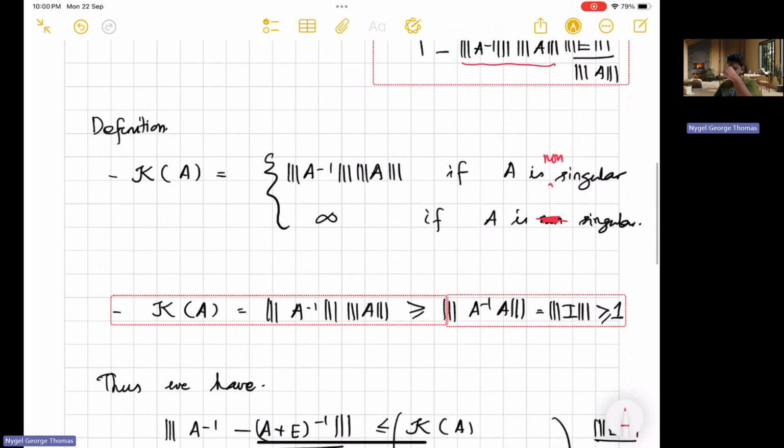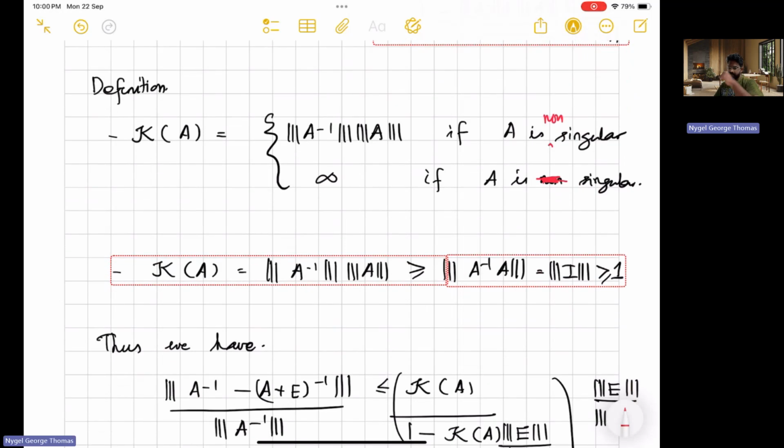So always note that the condition number of A is equal to norm of A inverse into norm of A. By submultiplicativity, this is greater than or equal to norm of A inverse A, which is norm of I, which is greater than or equal to 1.